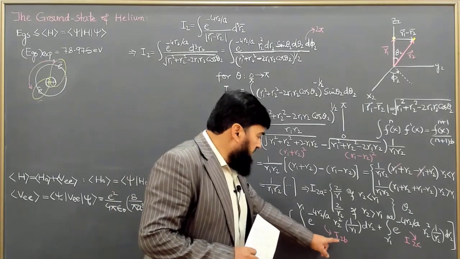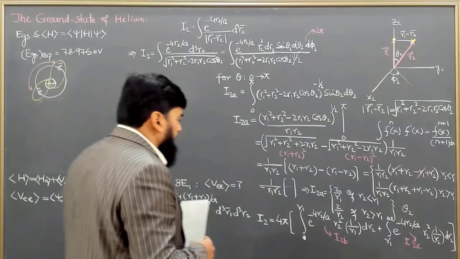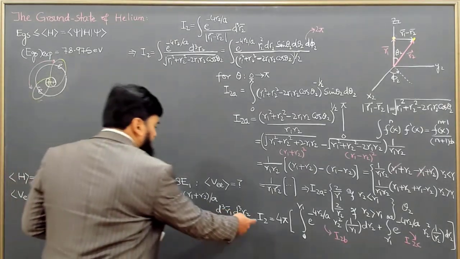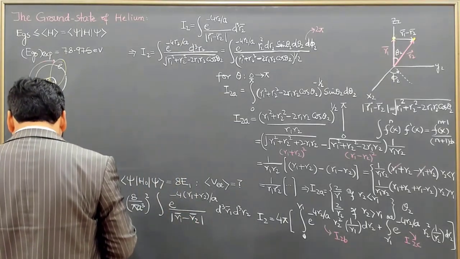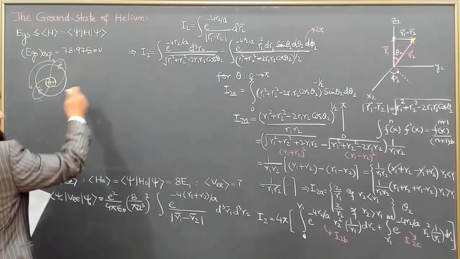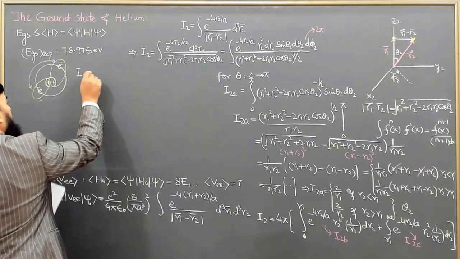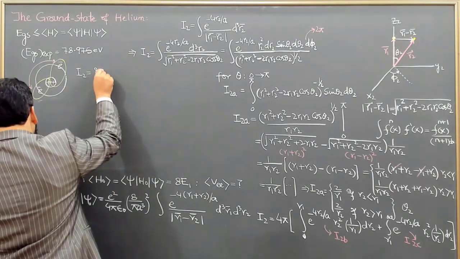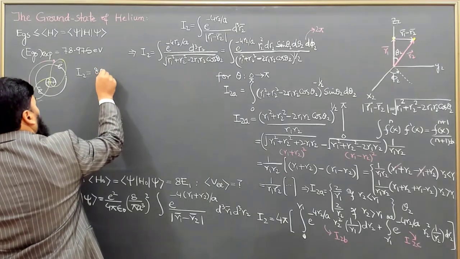So after solving for I2b and I2c and adding the two integrals, finalizing I2, the solution comes out that I2 is finally equal to 8 over pi a cube over 8.